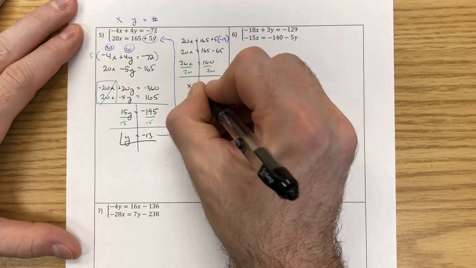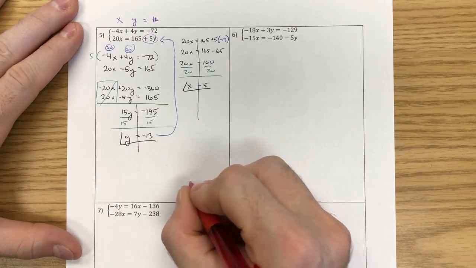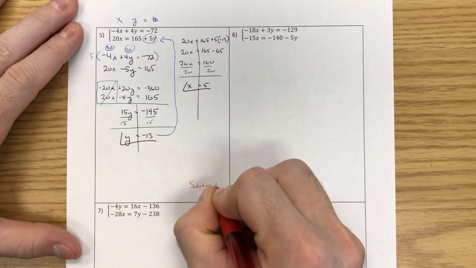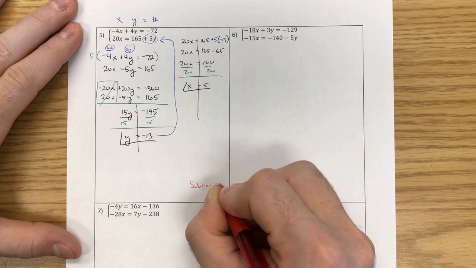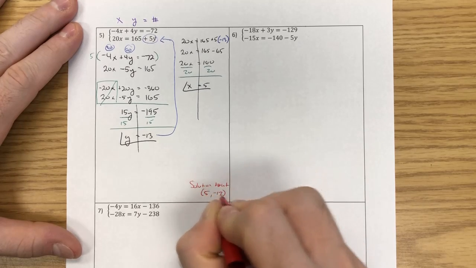We get x is equal to 5. And so we find out that the solution to our system is at 5, negative 13.